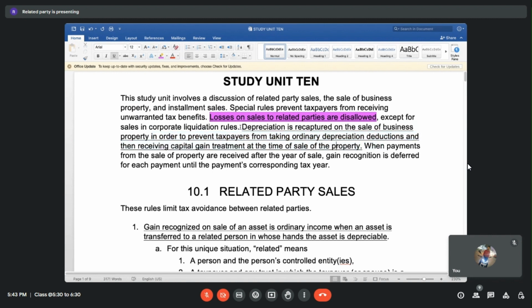When we are taking a depreciation deduction, it's always an ordinary deduction. Whenever we are claiming depreciation on business property, it will reduce your ordinary income. So we get a benefit of that by reducing our ordinary income, and that's why our taxes also get reduced.